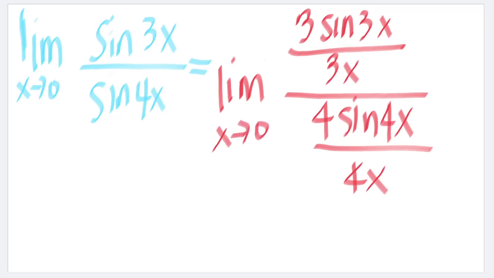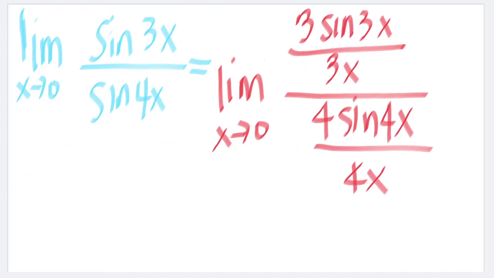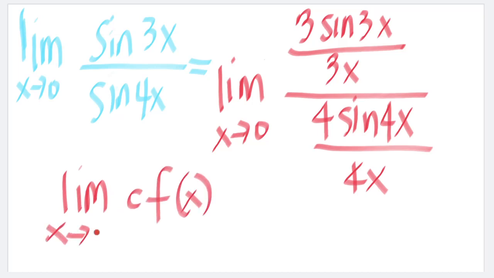Of course, we have an identity here, a property of a limit. According to the property, if c is a constant value, the limit of c times f of x as x approaches a certain value k, whether finite or infinite, is just equal to what? Because c is a constant value, you can take it out of the limit sign.